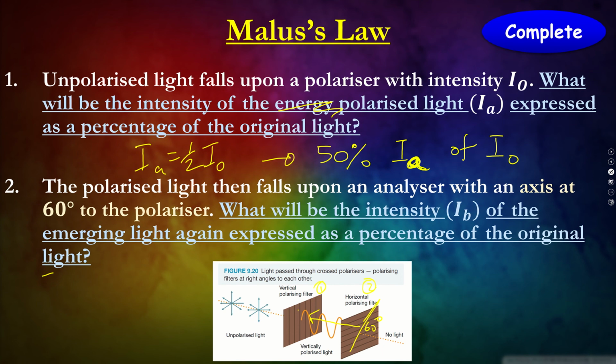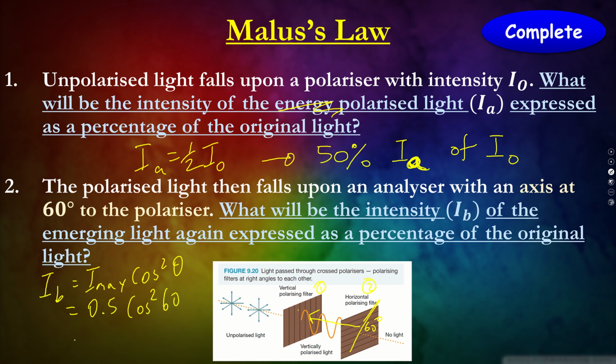Well, we then need to work out the original intensity again. The original intensity we got was the 50% cos squared theta. Okay, so the maximum percentage we have is 0.5 cos squared 60 degrees. Okay, or you can do cos 60 squared, works either way.